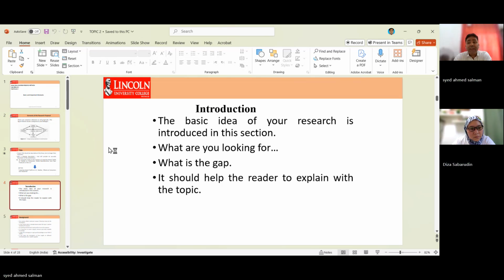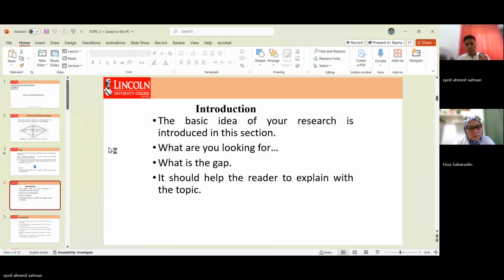Okay? Whenever you are writing the research paper or the project paper, the basic idea of your research is introduced in this section, meaning what is your main objective? What is your primary objective? You have to mention it in the introduction section. Okay. What are you looking for?